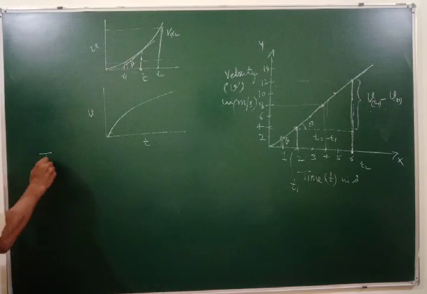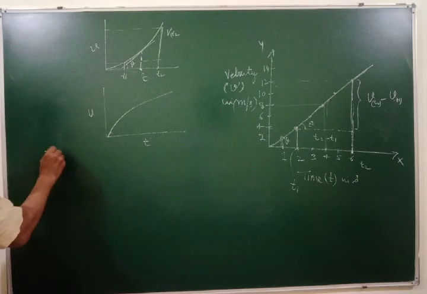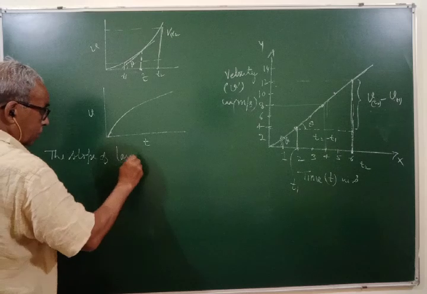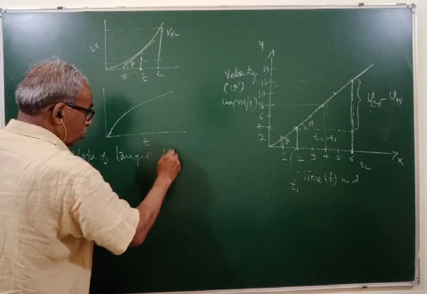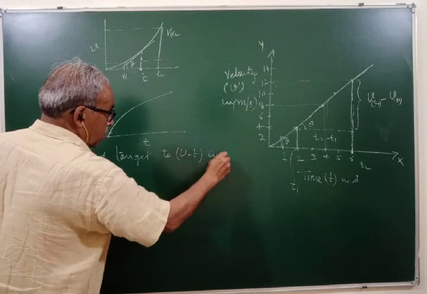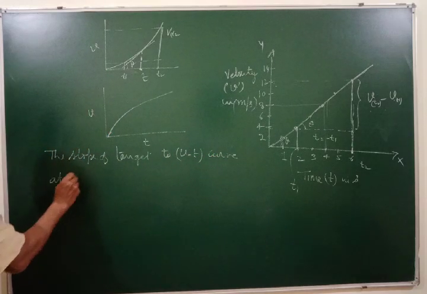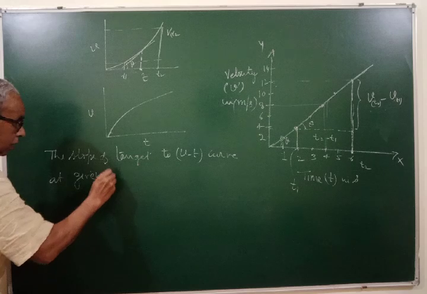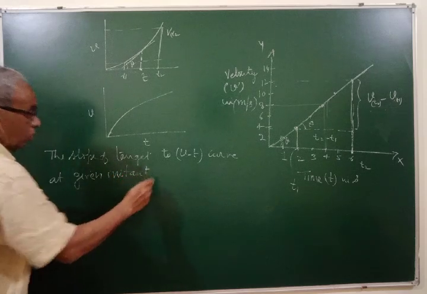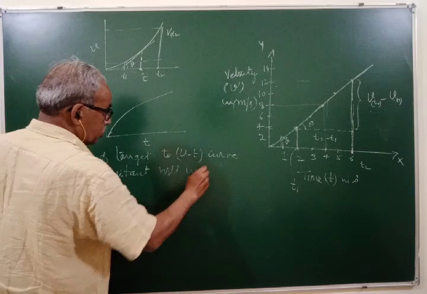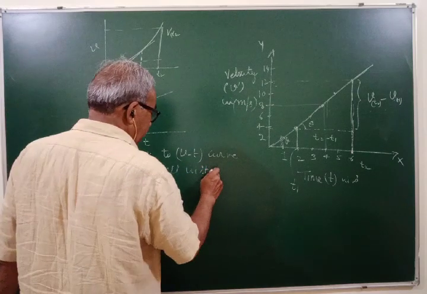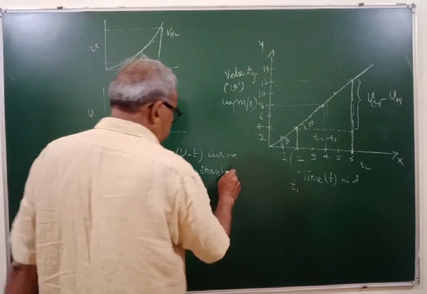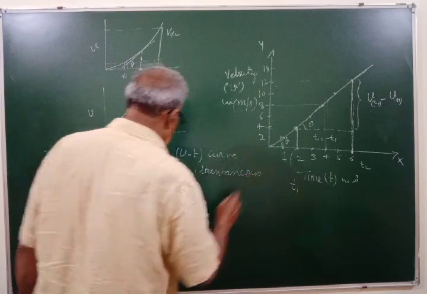You can write directly, the slope of the tangent to the Vt curve at any given instant will be the instantaneous acceleration.